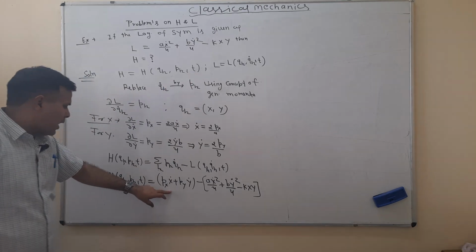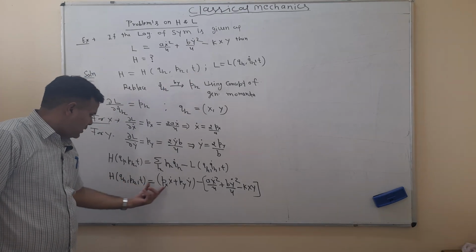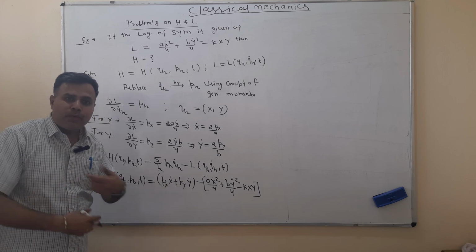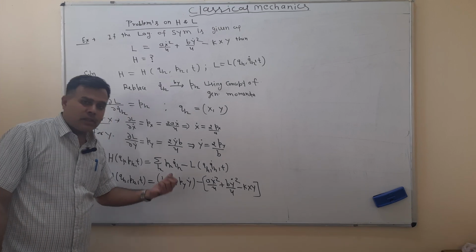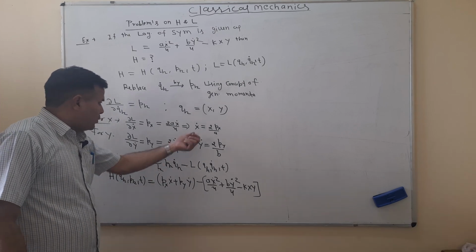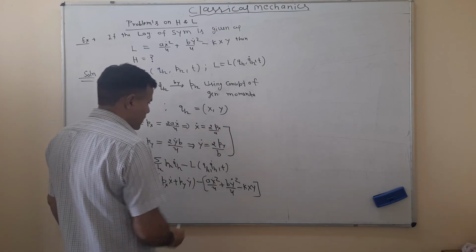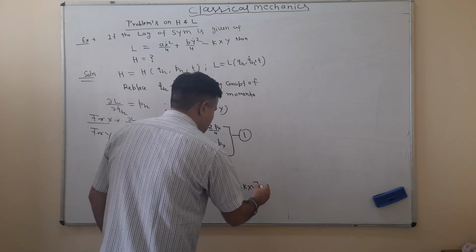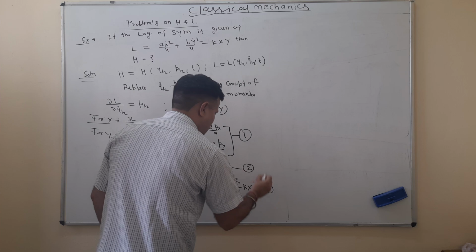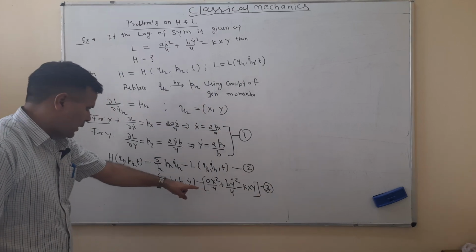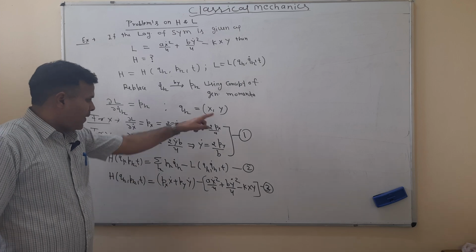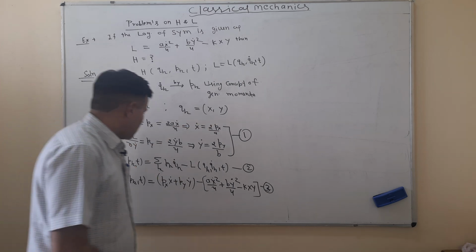Here our H is a function of generalized momenta and generalized velocity, so we have to replace the generalized velocity using the concept of generalized momenta. Let's say this is equation 1, this is equation 2, and this is equation 3. From 1 and 3, substituting the values of x dot and y dot from 1 into 3, what do we have?